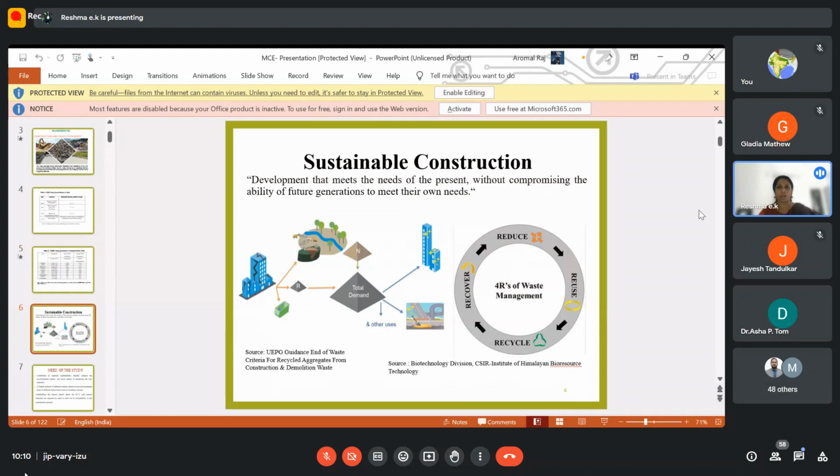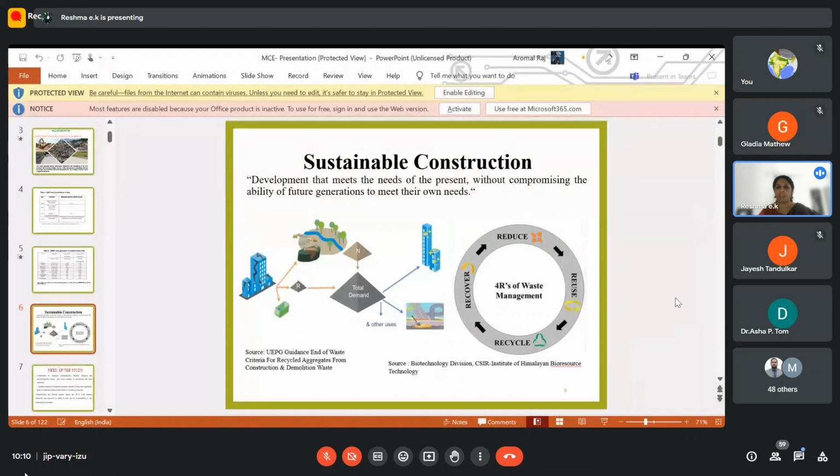My topic is related to sustainable construction. Whenever we talk about sustainable construction, usually we see the 3 R's: reduce, reuse, and recycle. Here I have included one more term called recover.